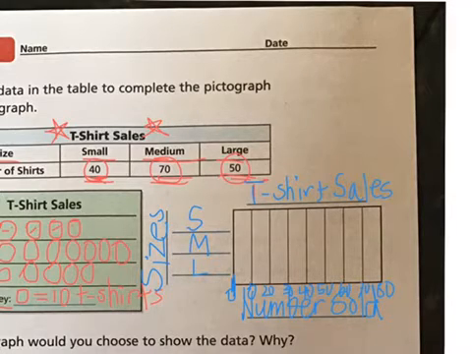Even though we don't have 80 t-shirts, it still represents 80. Our first bar is for size small, and 40 t-shirts were sold in size small. So 10, 20, 30, 40. Go ahead and fill that in.